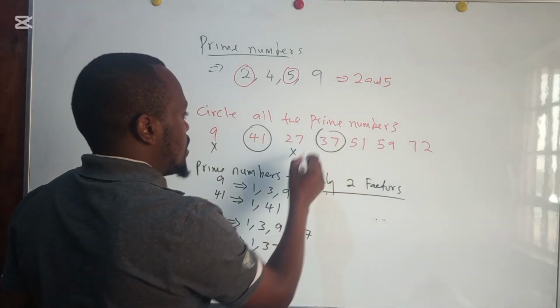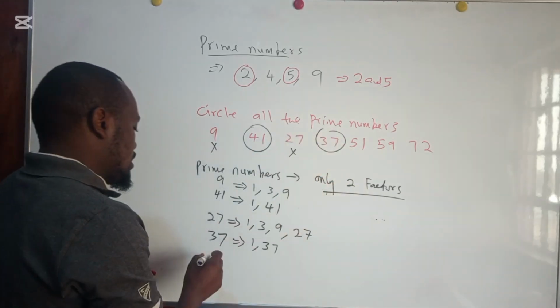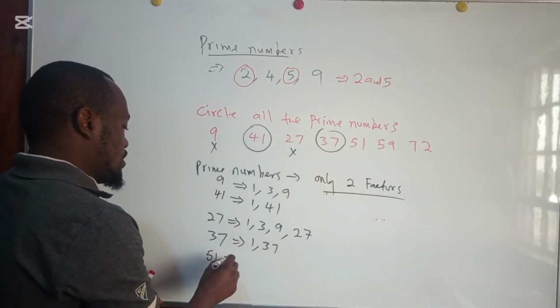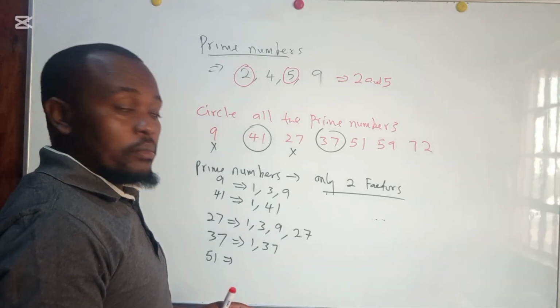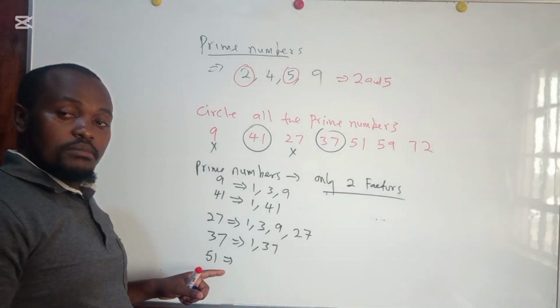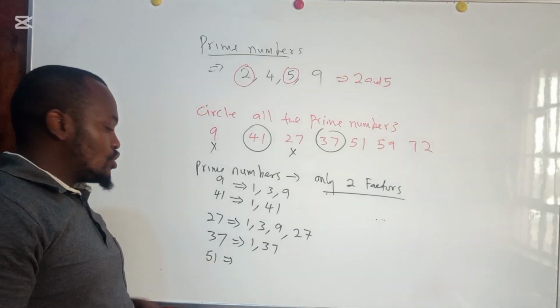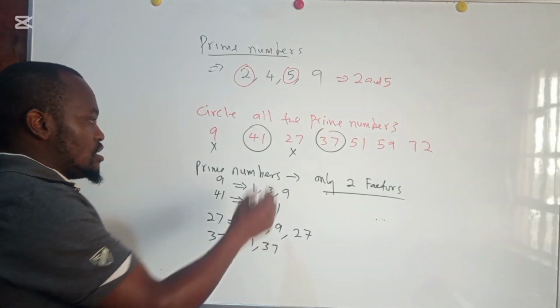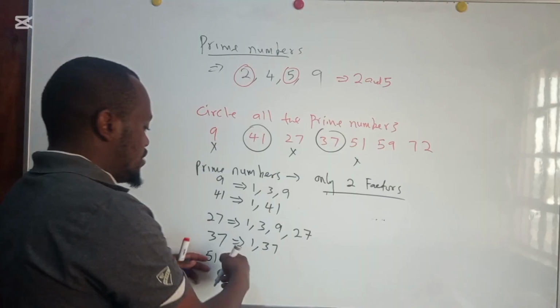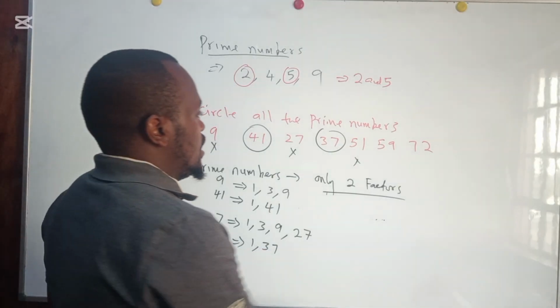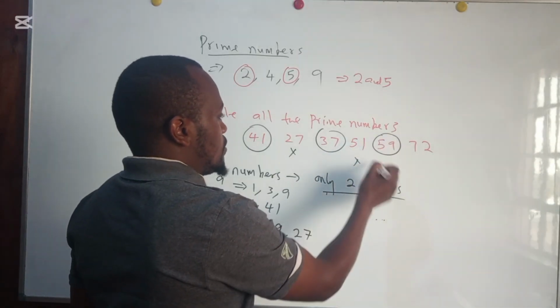So this one is a prime number. What about 51? 51 is divisible by 3. If you apply the divisibility test of 3, you add 1 and 5, you get 6. So you know it is divisible by 3. So this one is not a prime number. Don't even bother writing all of them. 59 is a prime number.